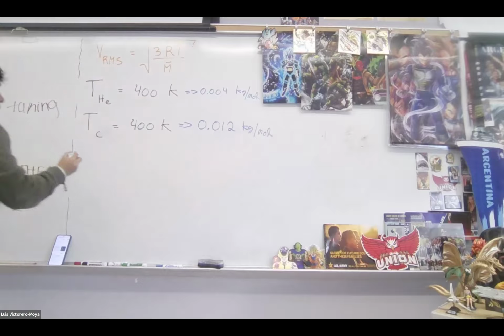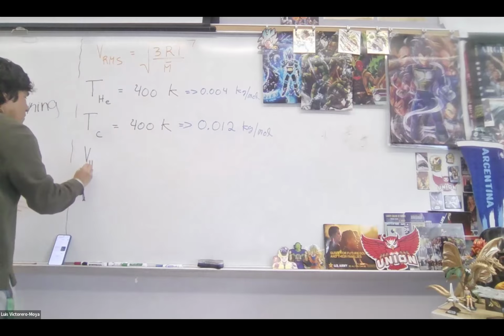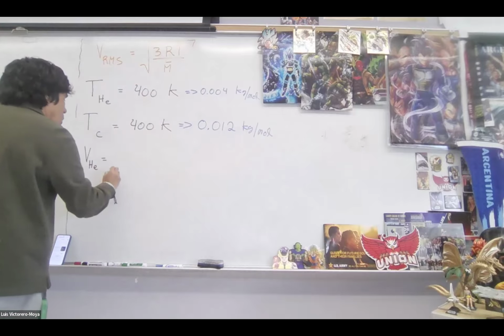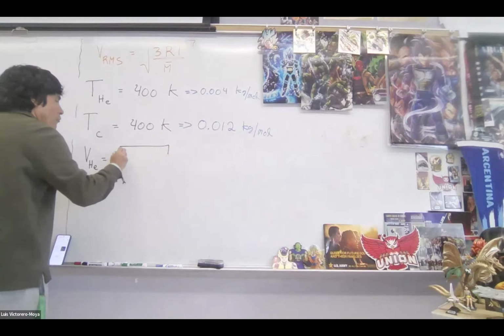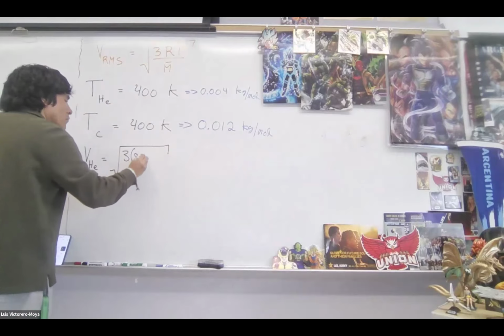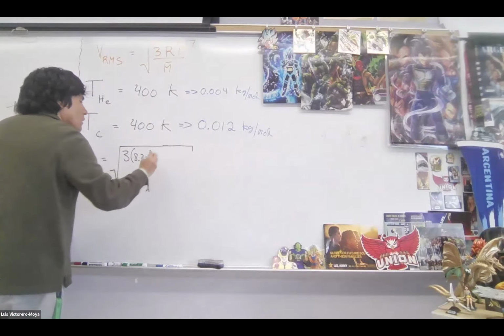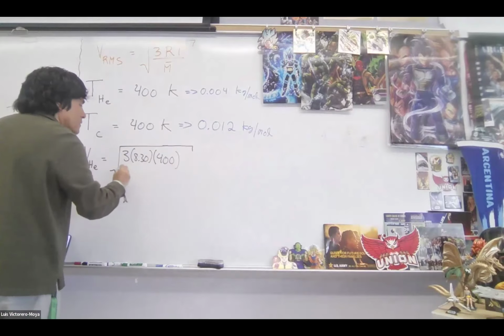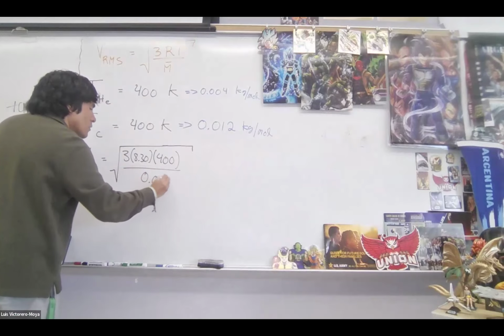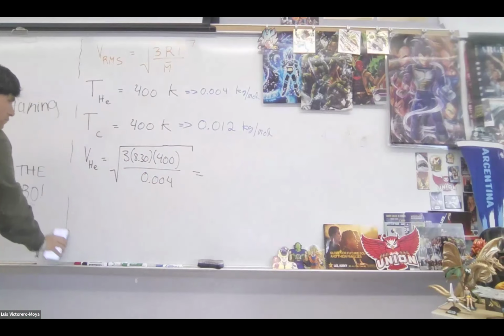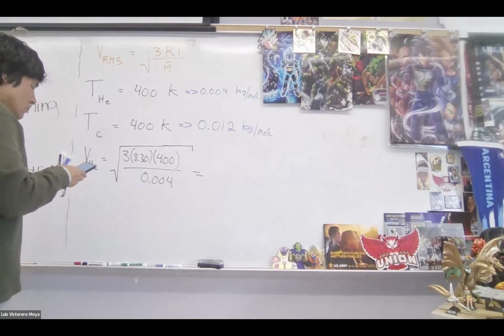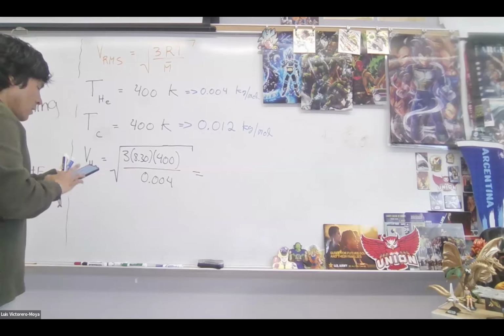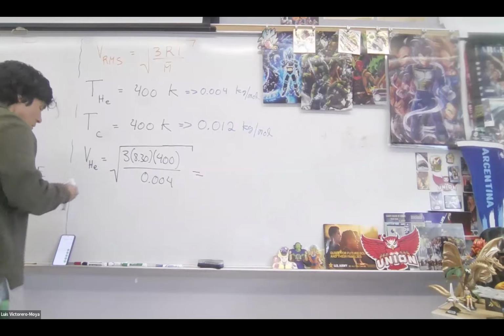Then the v rms for helium is the square root of 3 times 8.3 times 400 kelvins over 0.004. So on the calculator, 3 times 8.3 times 400 divided by 0.004 is 2,490,000.